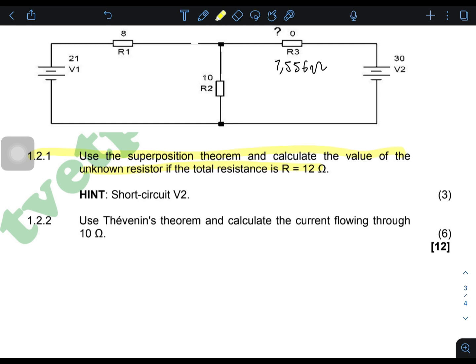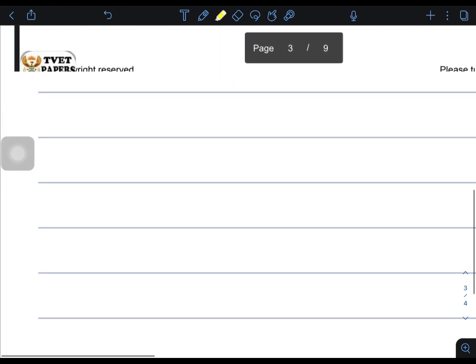When you are going to use Thevenin's theorem, you first look at the resistor of interest. This is the 10 ohm resistor. That means we're going to have to take that resistor out of the circuit and replace it with an open circuit. Let us do that.